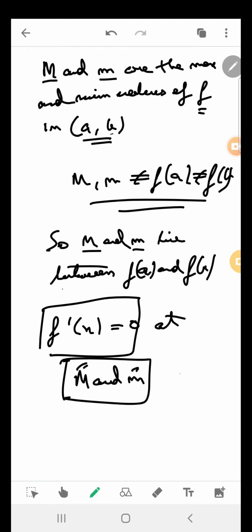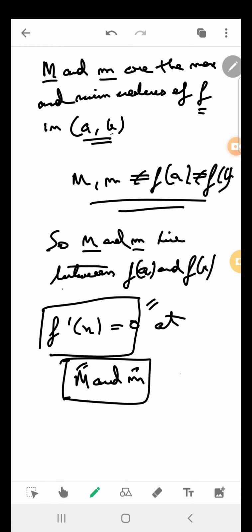Therefore there surely exists a value of x for which the first derivative equals 0. It does not matter whether the function is constant or not. Whatever the situation, Rolle's theorem is always satisfied, given that the function is continuous in the closed interval [a, b], its first derivative exists in the open interval (a, b), and f(a) equals f(b).